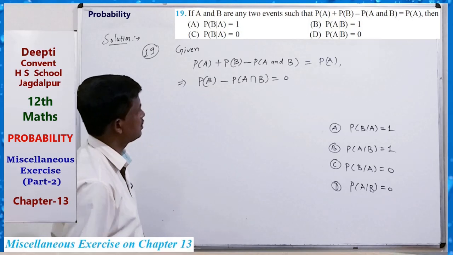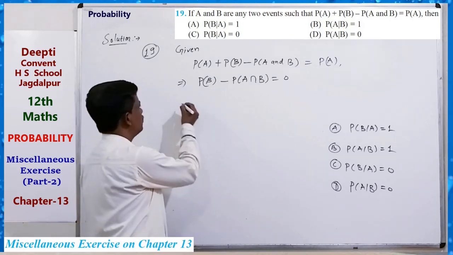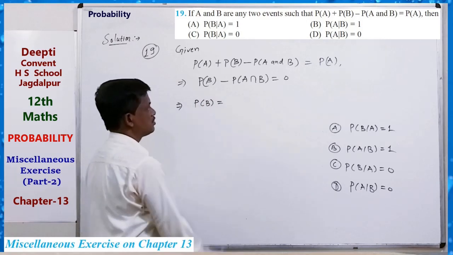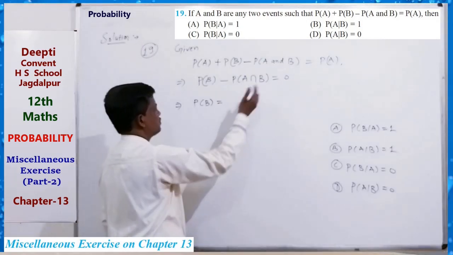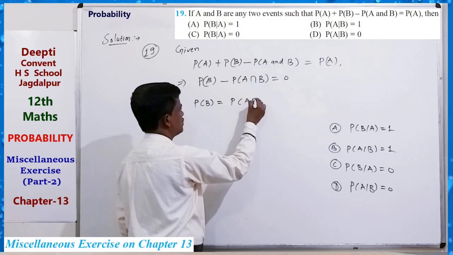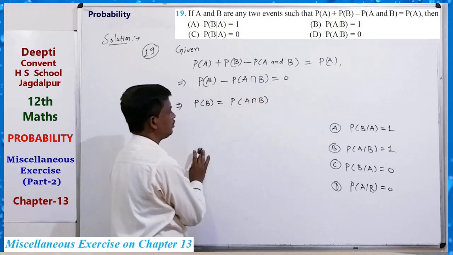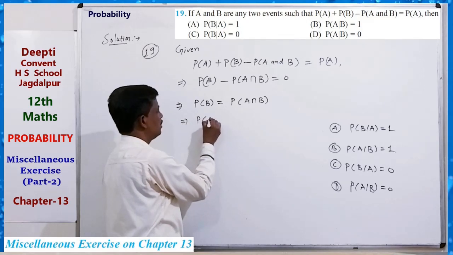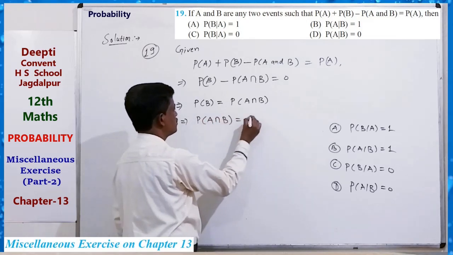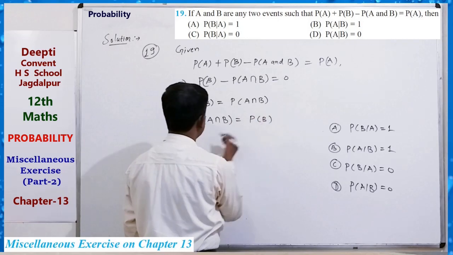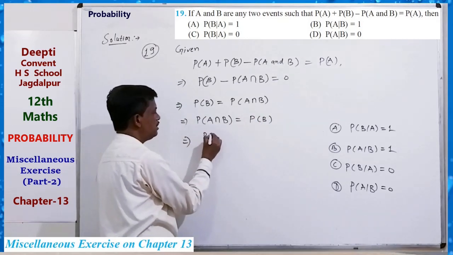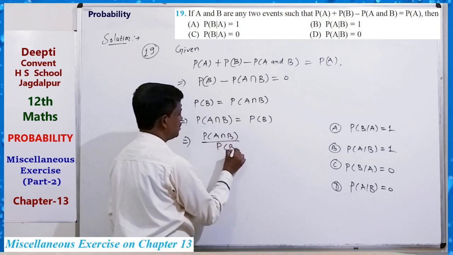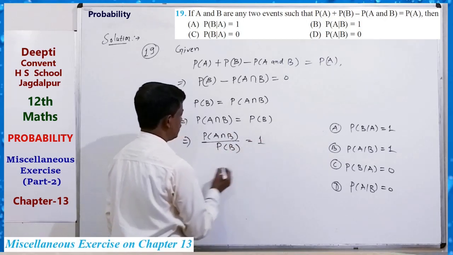P(B) equals P(A intersection B), just transferring it to the right-hand side. Then P(A intersection B) upon P(B) is equal to 1.